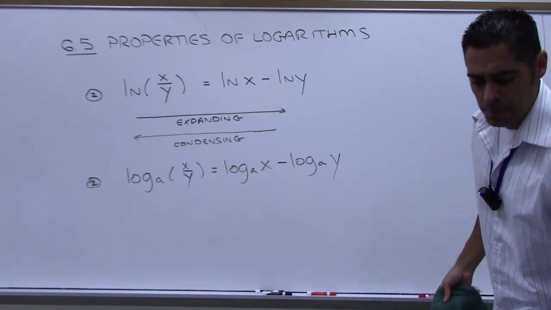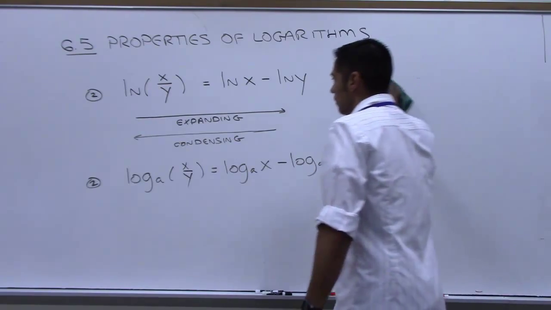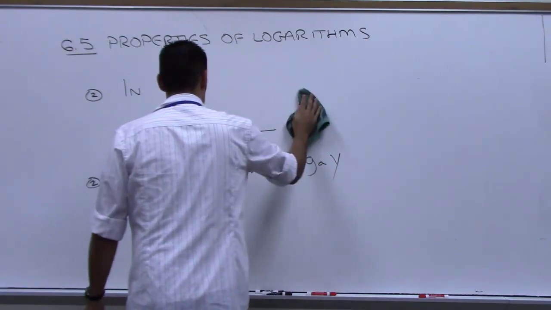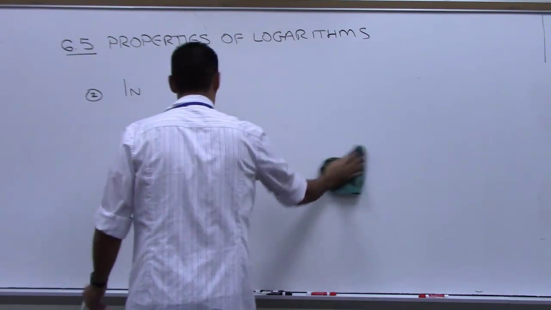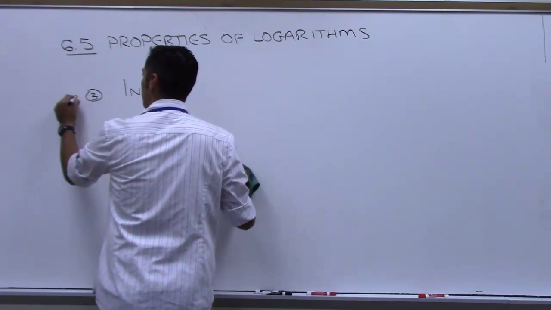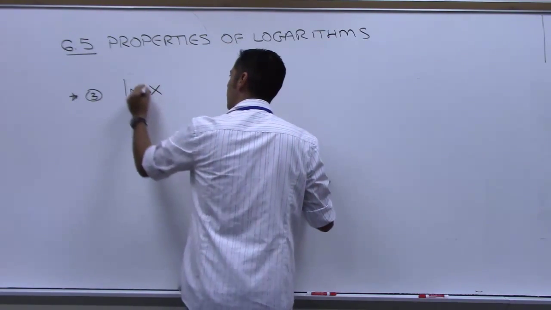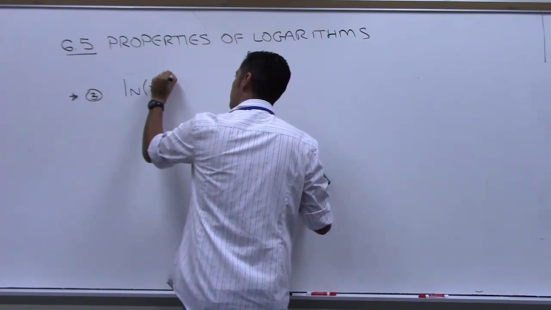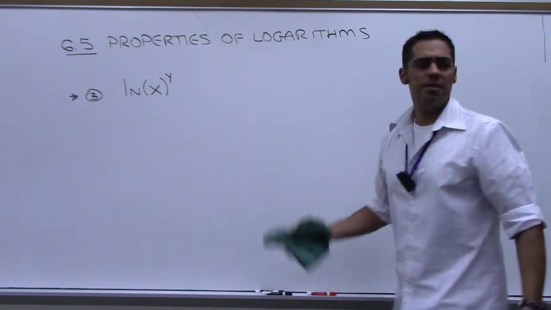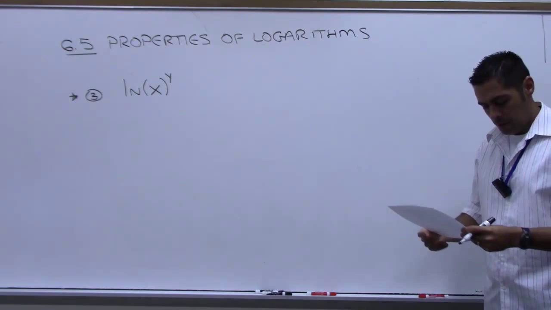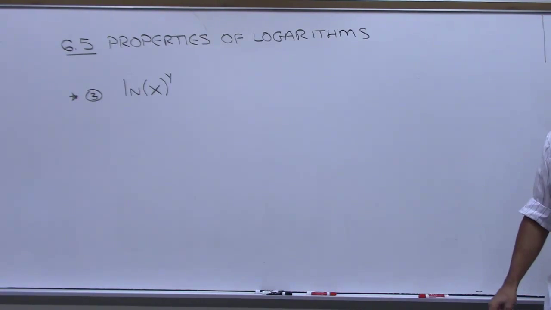All right, the third property, and one of the most important properties of logs. This is a really important property, so put a star next to it. If you have log of x, and I'm going to put that in parentheses, raised to the y, what does this property say you can do? Look at the property. What is it saying you're allowed to do?